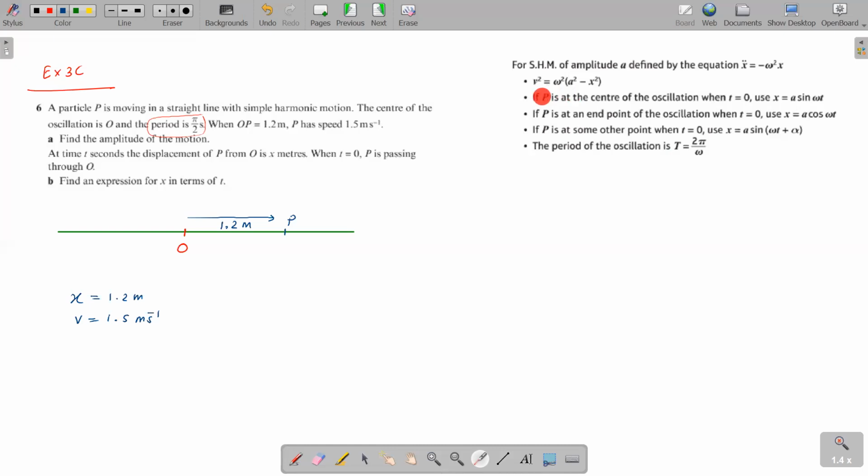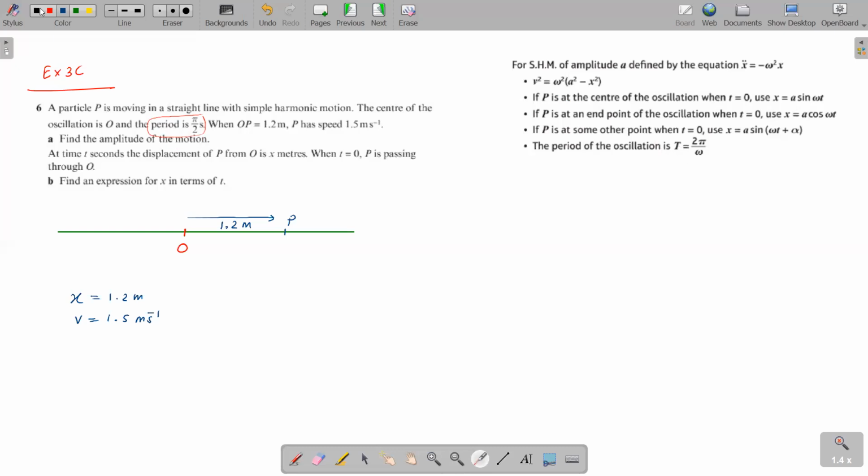So v is known, x is known, the amplitude I should find, but you can see omega. Here v and x are the variables, omega and A are constants. So omega is a constant, we do not know it yet. How do we find this omega constant? What equation are we going to use? That's why the period is given over here. The period is pi over 2.